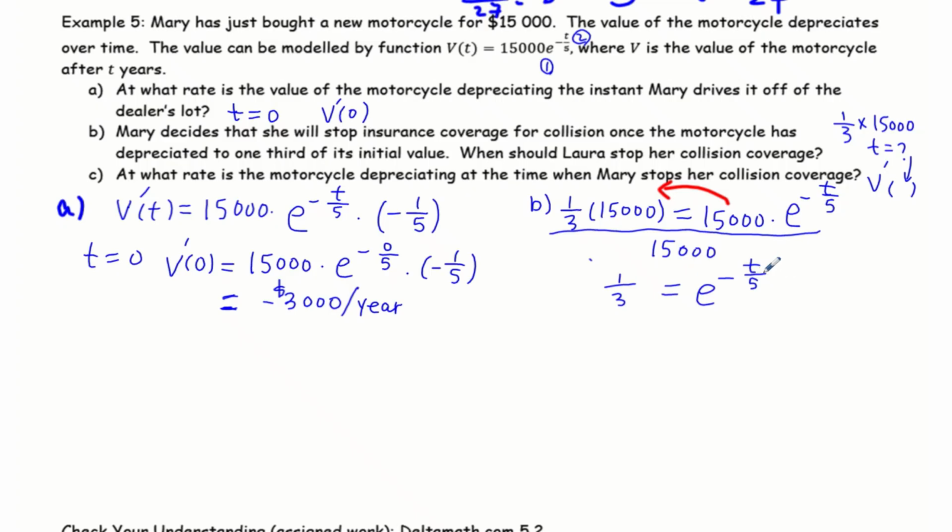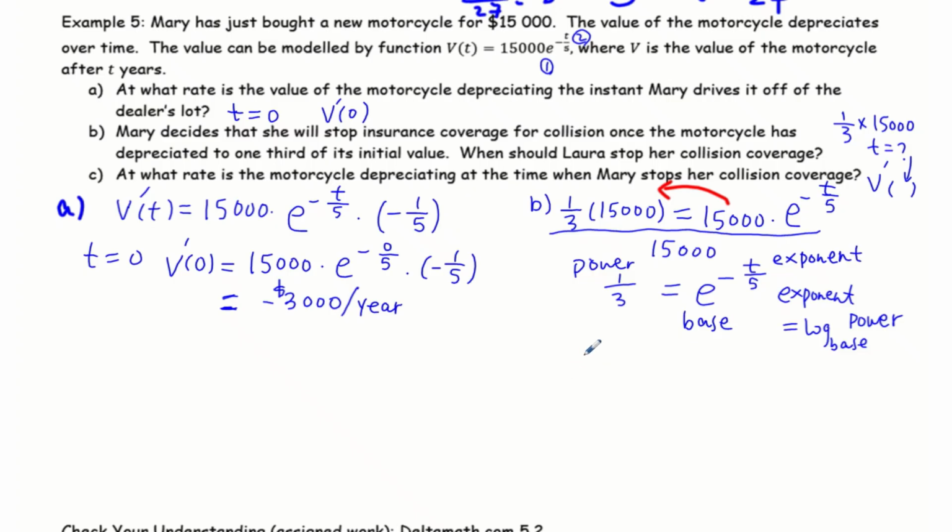Then in order to solve for the exponent, we want to use this: exponent equals log base to the power. This is the exponent, this is the base, this is the power.